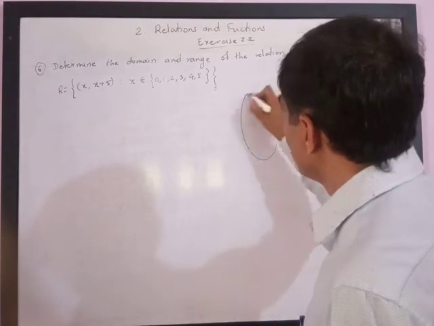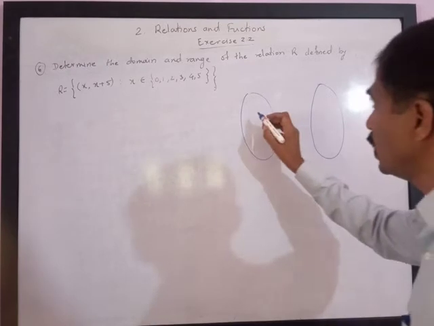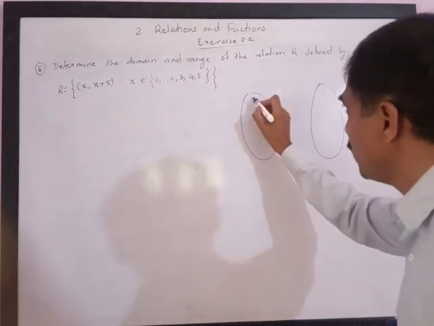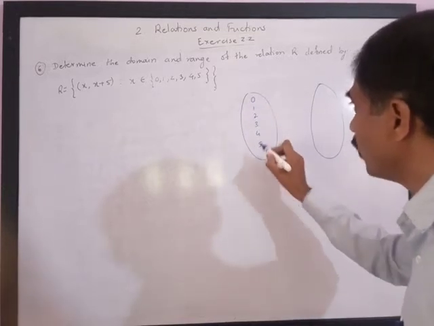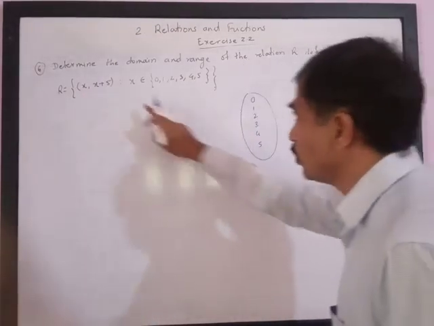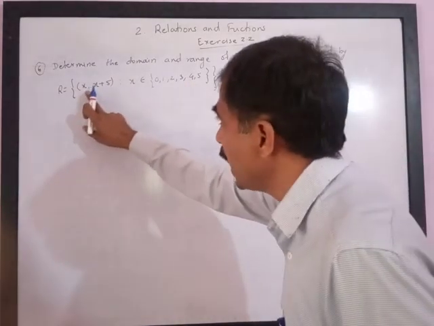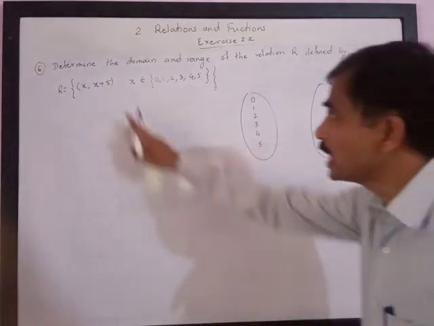See, so this is x, this is another set. Now x belongs to this set, which means the elements are 0, 1, 2, 3, 4 and 5. We are given the first set, the first element is x, and we have written all the possibilities of x. Now we are told the second element is 5 more than the first element, that is x plus 5.